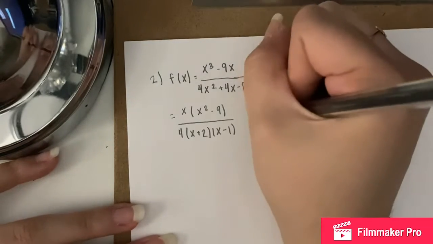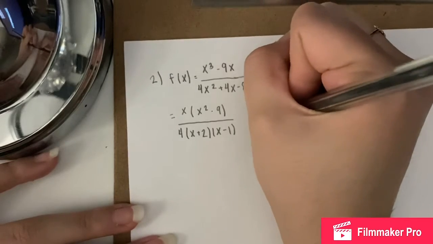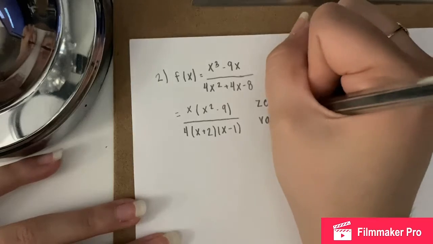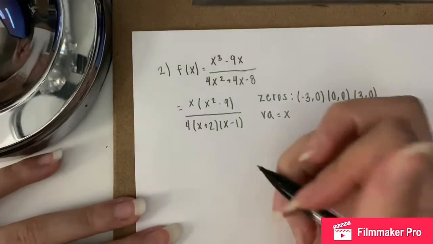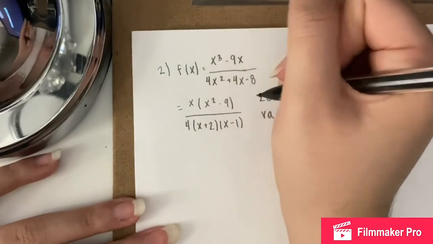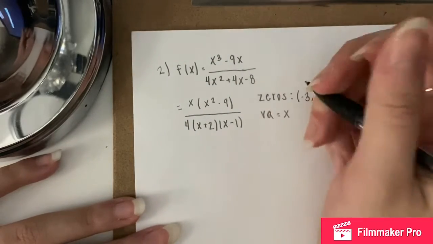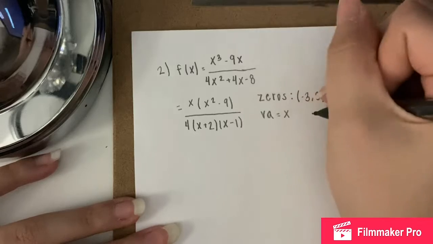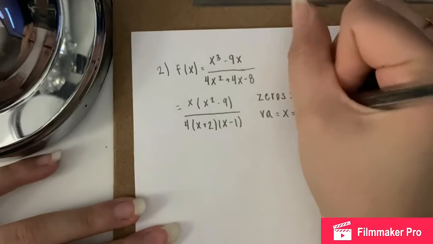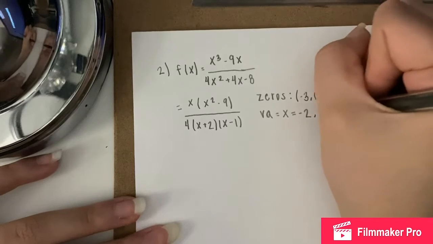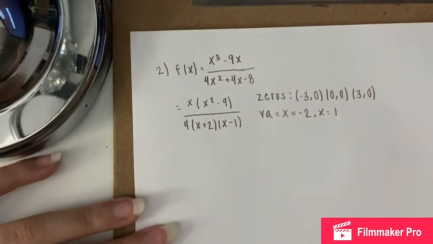Now we're going to find our vertical asymptote. And our vertical asymptote comes from the denominator. And clearly we can see that we're going to have 2 vertical asymptotes because we're setting it equal to 0 for both. So we are going to be left with an x at -2 and then an x at +1.